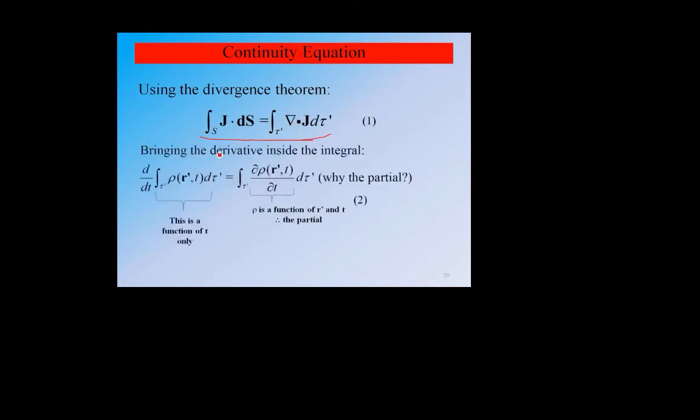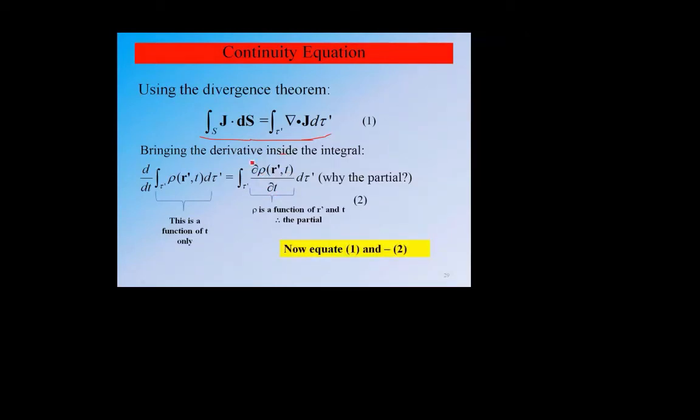Let's use the divergence theorem, and this is the divergence theorem that we're interested in applied to the j dot dS equation. We're going to change that to a volume integral. If we bring the derivative inside the integral, so we take d/dt of this quantity here, this is a function of t only as we've mentioned before, so we can bring the time derivative inside. It becomes a partial because rho is a function of position and time, so we take partial derivatives here.